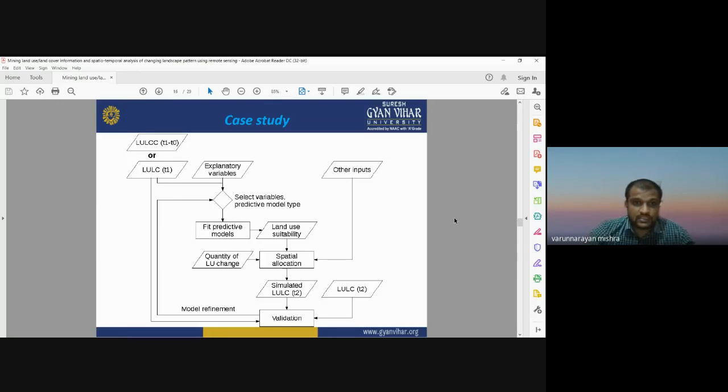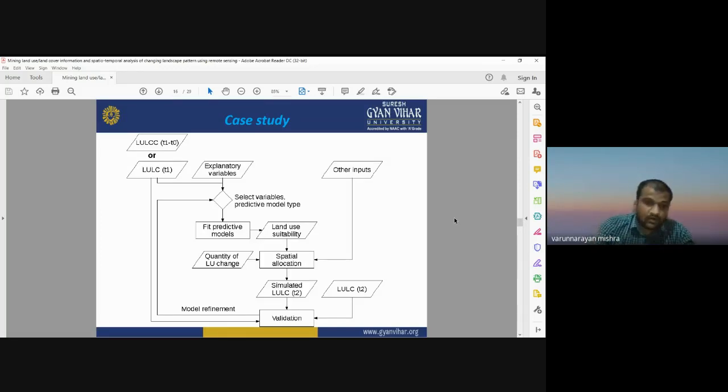So this is the case study showing how we can use LULC information up to a time period by incorporating different explanatory variables, different socioeconomic and biophysical variables, into the model. That model gives a spatial allocation of the change, the amount of the change and the location of the change.